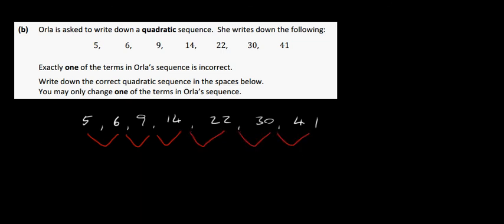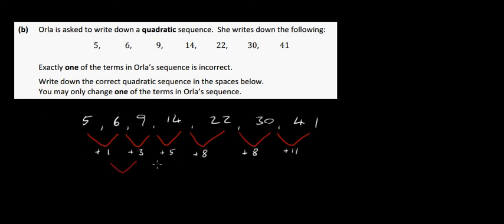So 5 up to 6 is plus 1, 6 up to 9 is plus 3, 9 up to 14 is plus 5, 14 up to 22 is plus 8, 22 up to 30 is another plus 8, 30 up to 41 is plus 11.